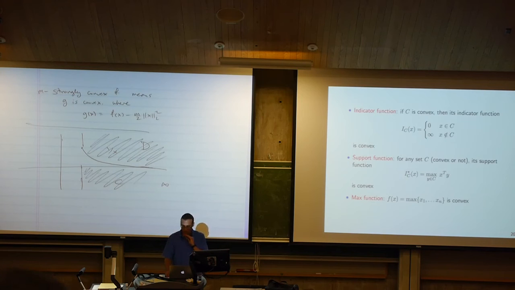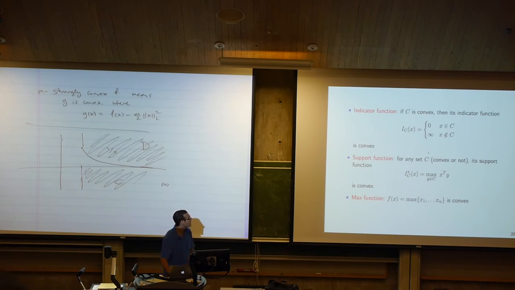Other convex functions: the indicator of a convex set is convex. So if you give me a set C, I can define its indicator, which is 0 when x is in the set and infinity when x is not. That's convex when C is a convex set. The support function is convex no matter if the set is convex or not.